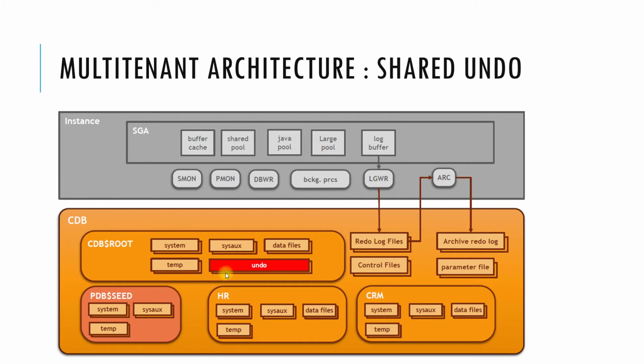Now the difference being that when you see this red color undo, this is the 12.1 version, where there was only shared undo, there was no local undo. So the biggest architecture problem was that point in time recovery of a specific PDB was not allowed in this particular architecture.